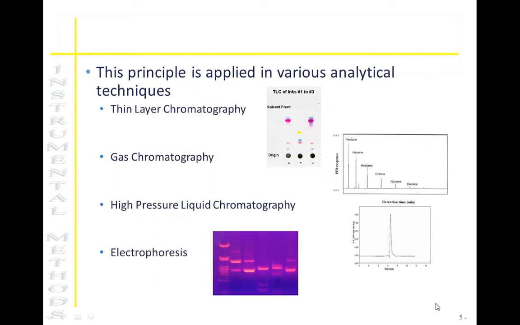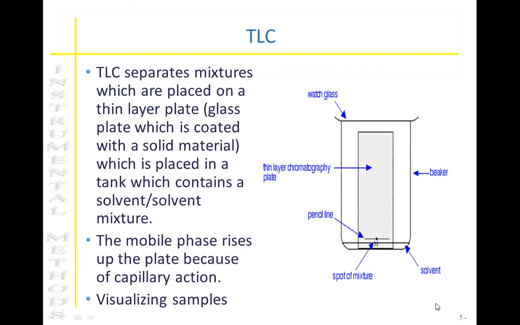This principle can be applied to the various chromatography methods that are utilized in a laboratory: thin layer chromatography, gas chromatography, high pressure liquid chromatography, or electrophoresis. With thin layer chromatography, the separation is done through a stationary phase that is a thin layer plate that has been coated with usually a silica type material.